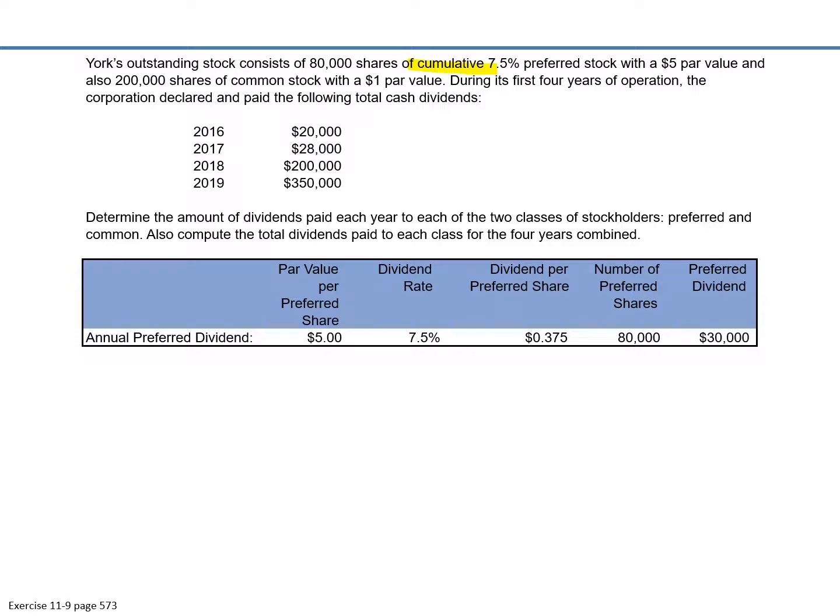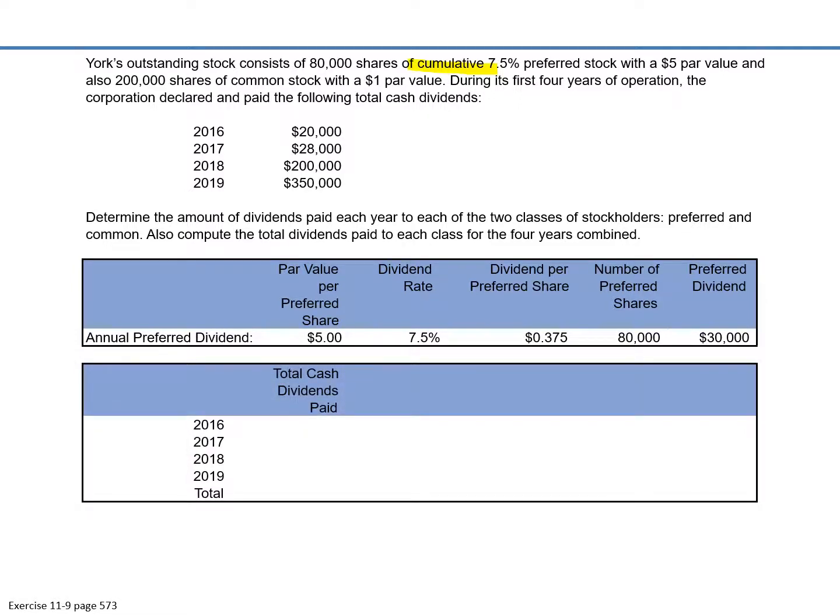So this is exactly the same as the one that we did together 2 slides ago or so, except the difference is it's cumulative. So in 2016, when we pay that $20,000 cash dividend, we're going to pay $20,000 all to our preferred. We're going to pay 0 to our common. That's the same as if it was non-cumulative. The difference is, though, we have $10,000 of dividends in arrears because we owed them 30, but we only paid them 20.